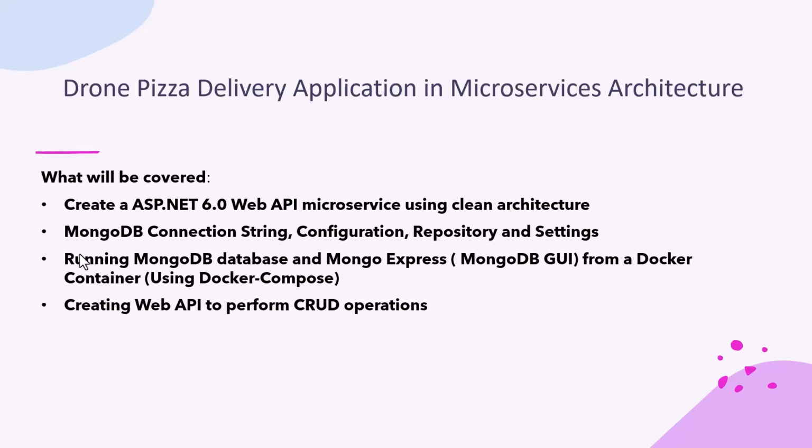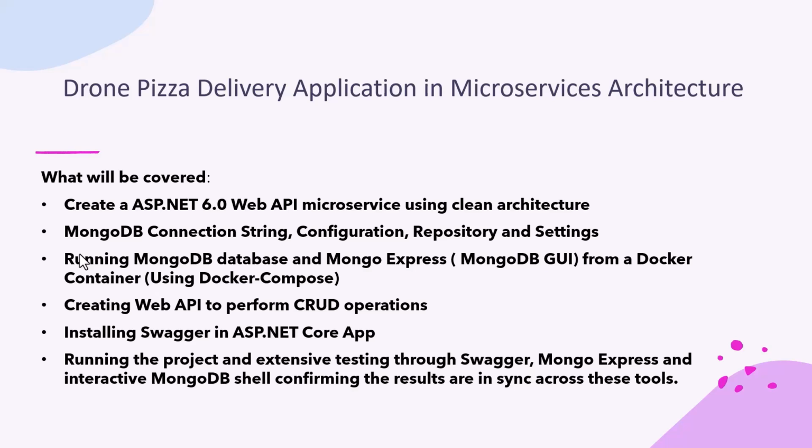We'll create a Web API to perform CRUD operations, install Swagger, which is an OpenAPI specification for ASP.NET Core apps, and run the project and extensively test through Swagger, Mongo Express, and the interactive MongoDB shell, confirming the results are in sync across these tools.